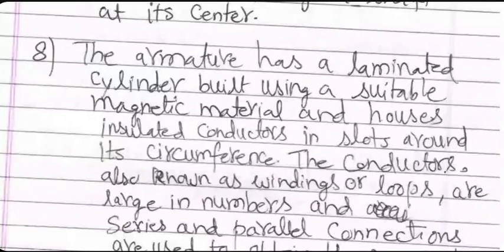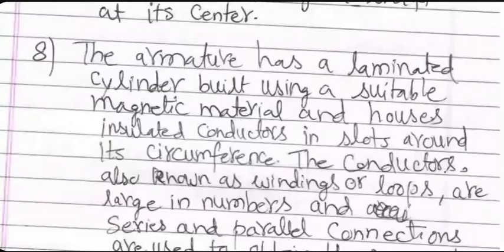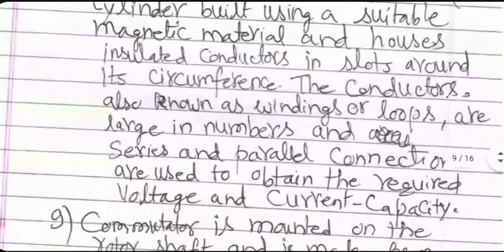By the way, conductors have to be insulated because you don't want them to touch the metal anywhere. They sit in slots around the circumference of the rotor. The conductors are also called windings or loops. They are large in numbers and can be series or parallel connected to obtain the required voltage and current.